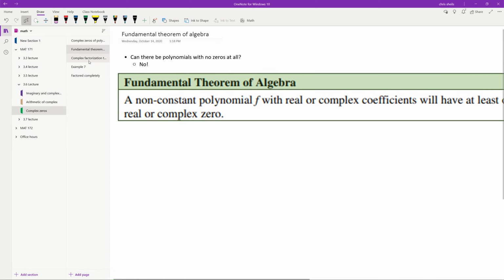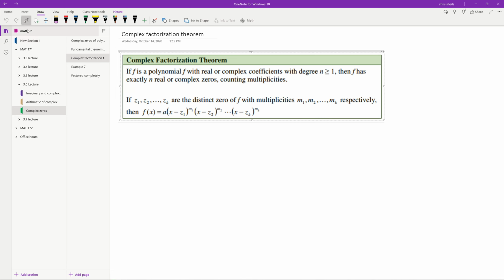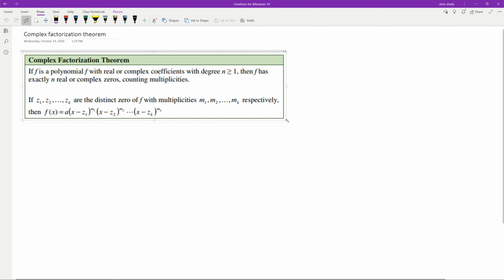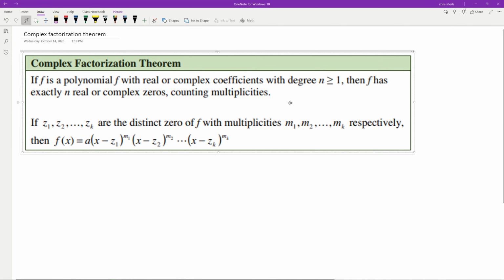So as long as this function is non-constant and it's a polynomial, then this theorem applies to it.